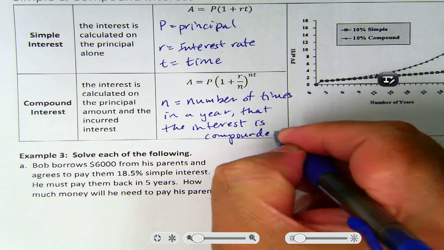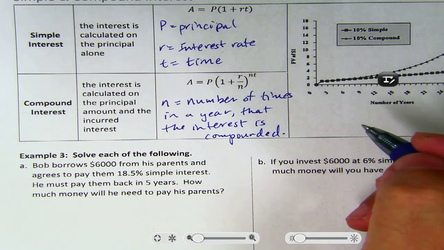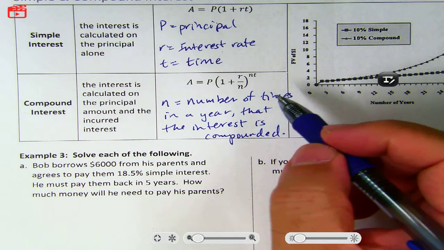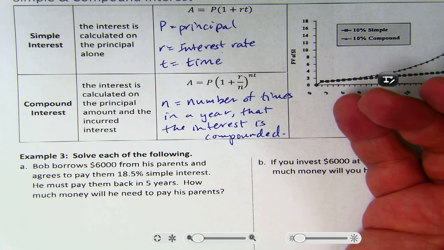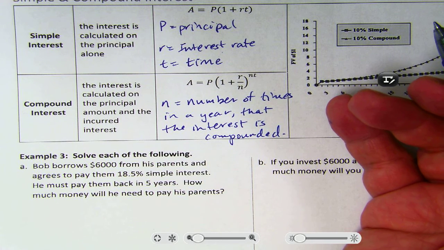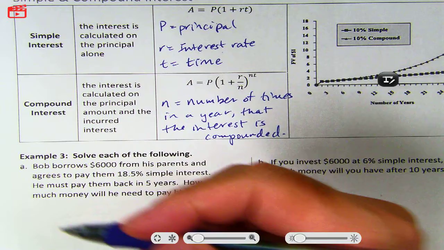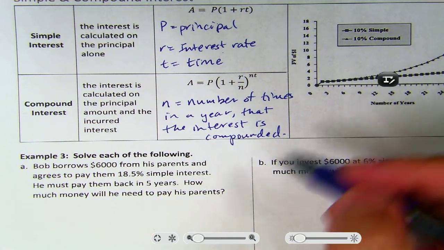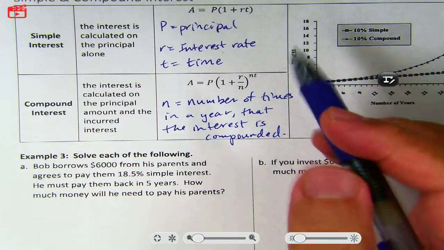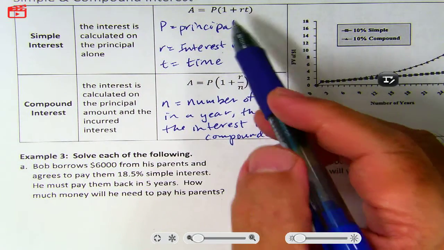Or calculated. Okay. What that means is, let's say you have a $1,000 deposit and you earn $6 in one compound period. That means the next time it calculates interest, it'll be calculated based on the $1,006, not the original 1,000. Simple interest is based on just the initial amount.